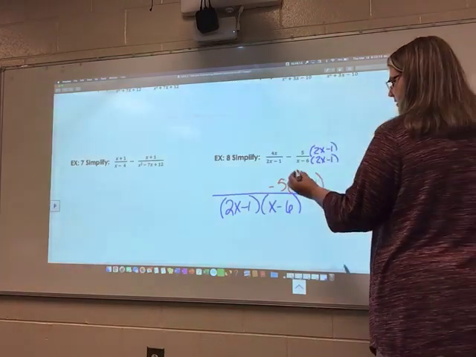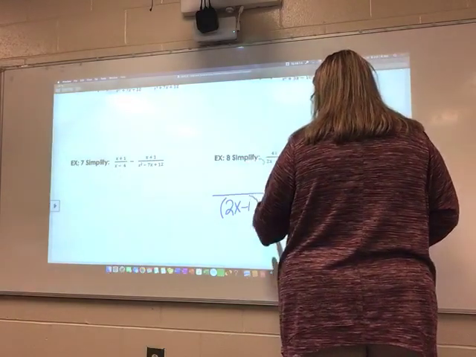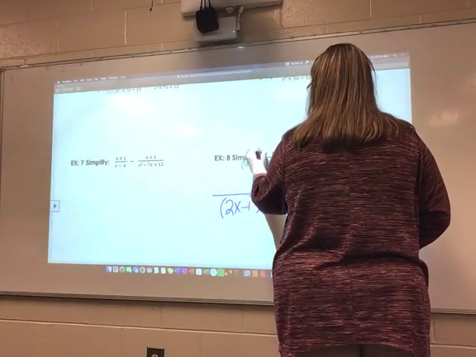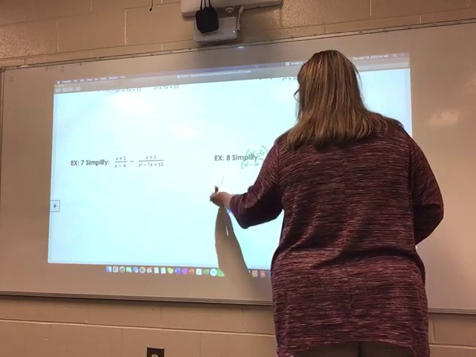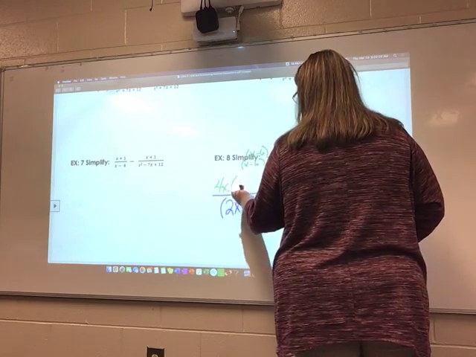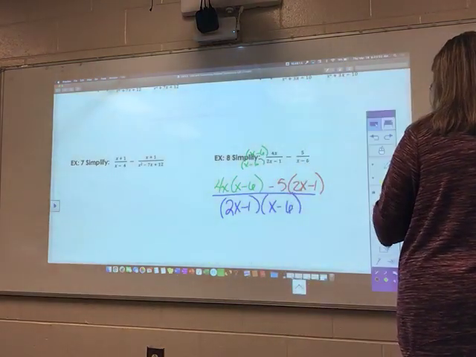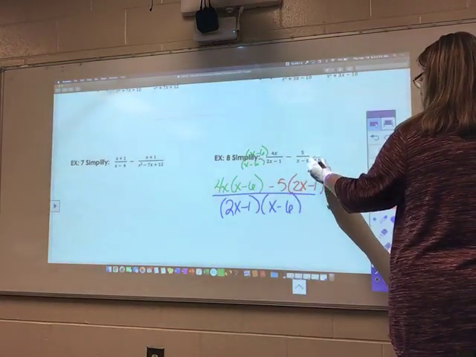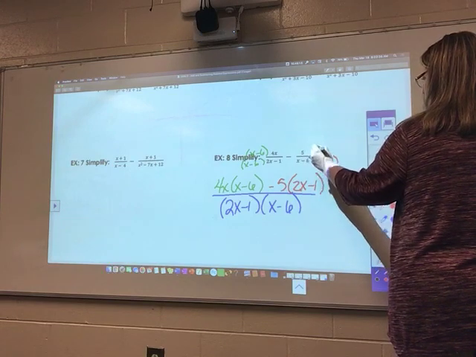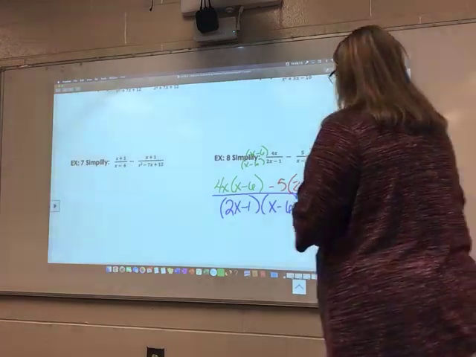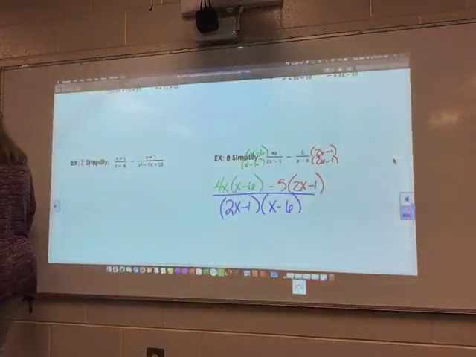And then my 2x minus 1 is missing the x minus 6, so that's what I have to multiply the top by. So 4x is already there. Okay. Does that make sense?